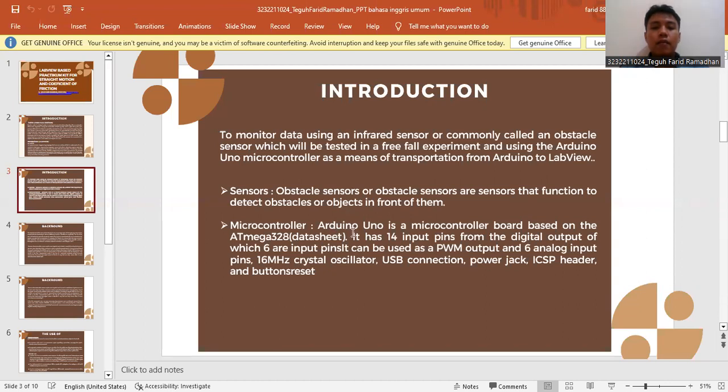It has 14 digital input and output pins, of which 6 can be used as PWM outputs, and 6 analog input pins, a 16 MHz crystal oscillator, USB connection, power jack, ICSP header, and reset button.